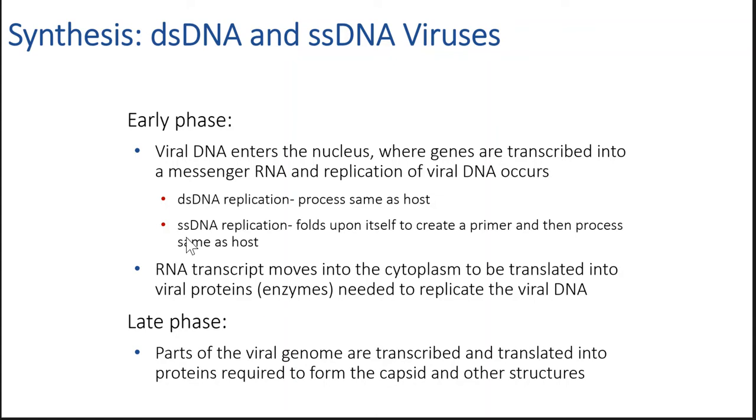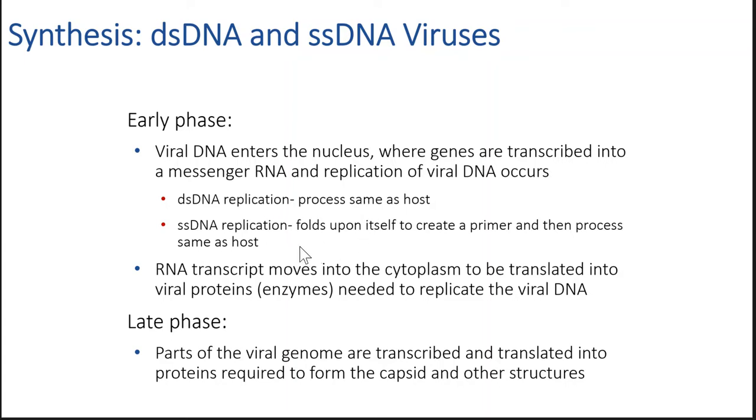If it is single-stranded DNA, now this is something our host cell doesn't have to deal with very much. It actually has to fold upon itself a little bit, and it creates a primer, and then it makes itself into double-stranded DNA, and then it behaves using the host cell replication machinery. All right, so that all happens in the early phase.